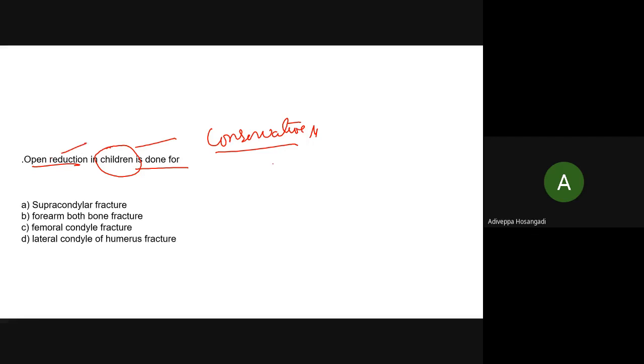Because there is good remodeling potential. But still, the exceptions are certain fractures. So open reduction in children is done for which fractures? Look at this. Supracondylar fracture, forearm both bones, femoral condyle or lateral condyle.